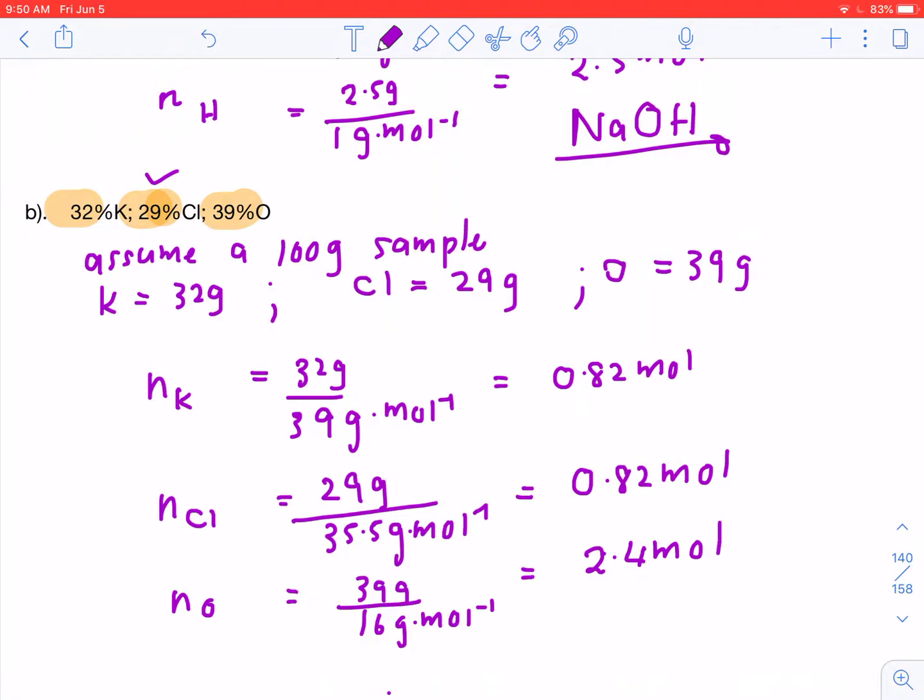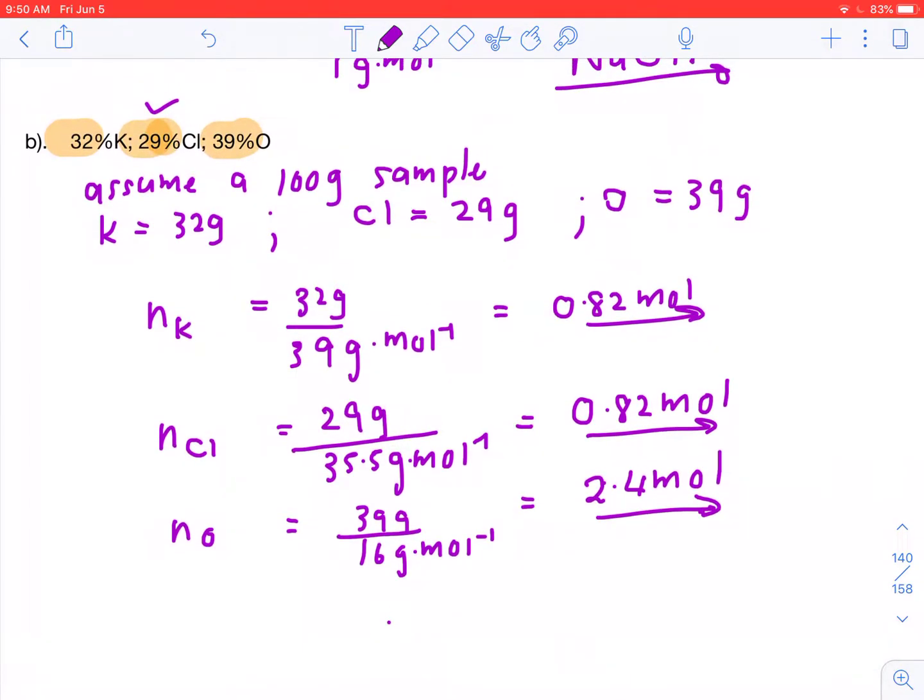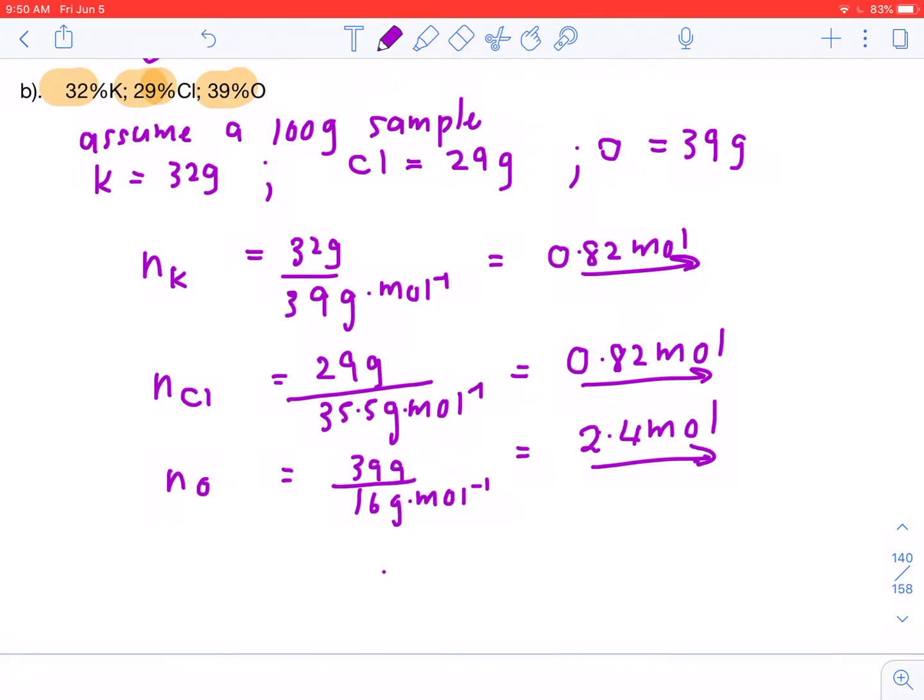Okay. Alright, so you got that, and you got that, and you got that. Now what do we need to do? We got the 3, so we divide throughout by 0.82.